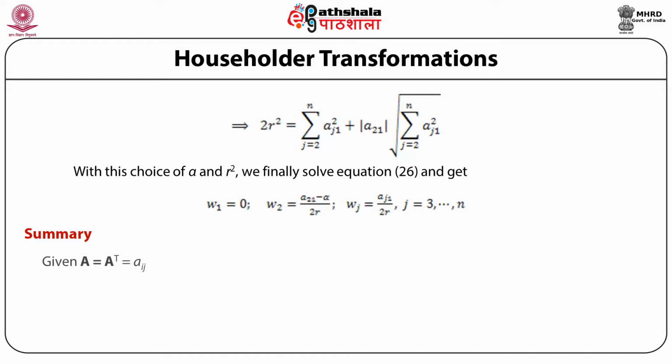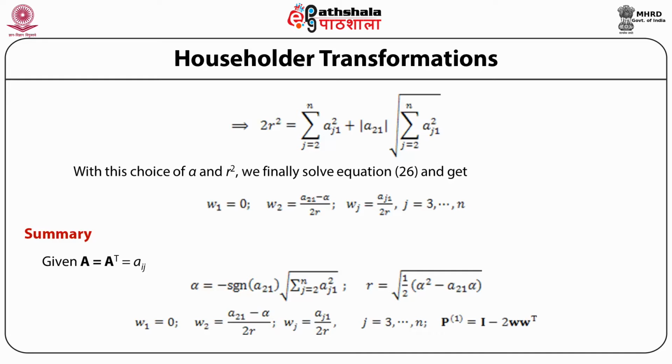So in summary, we are given that A equals A transpose equals aij, and alpha equals minus sgn a21 into the square root of summation j equals 2 to n aj1 square, r equals the square root of half of alpha square minus a21 alpha, w1 equals 0, w2 equals a21 minus alpha by 2r, wj equals aj1 by 2r, where j equals 3 to n, and P raised to power 1 equals I minus 2 w into w transpose.